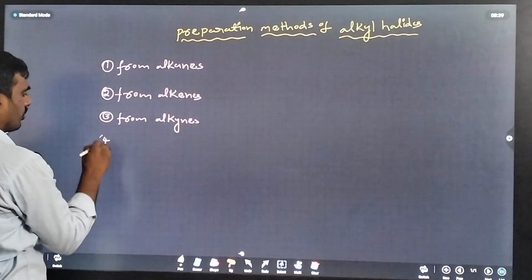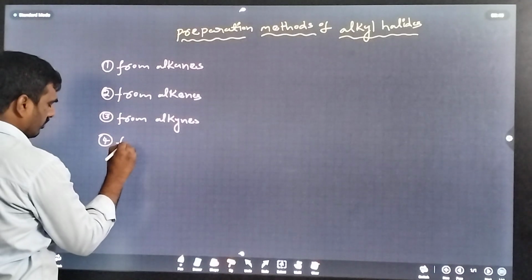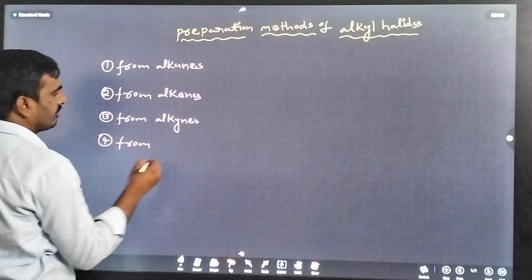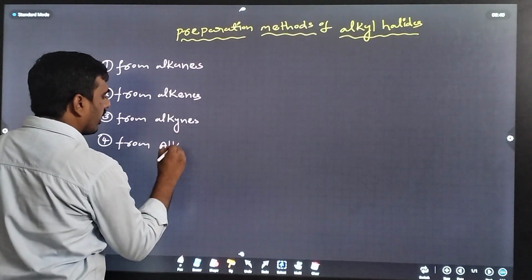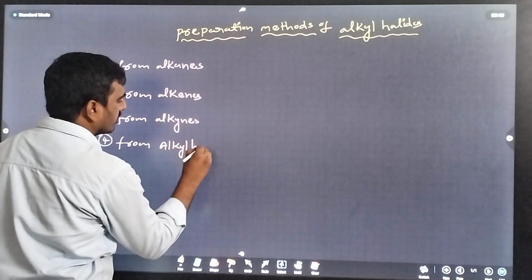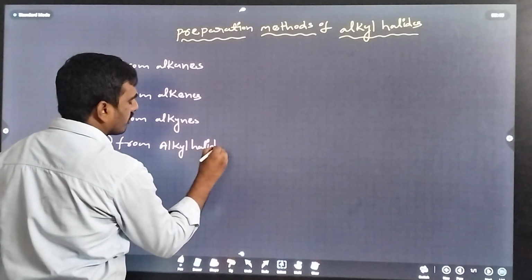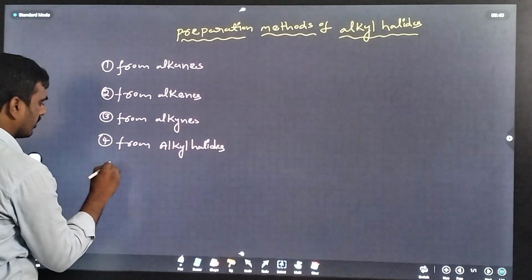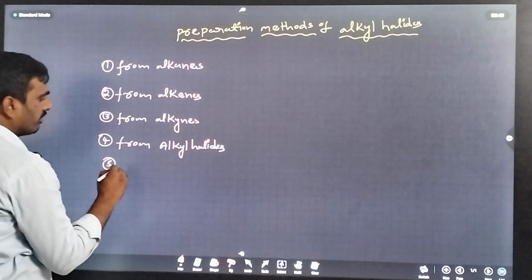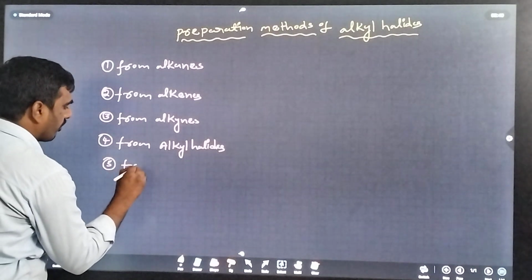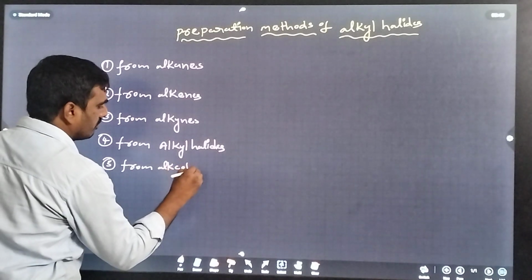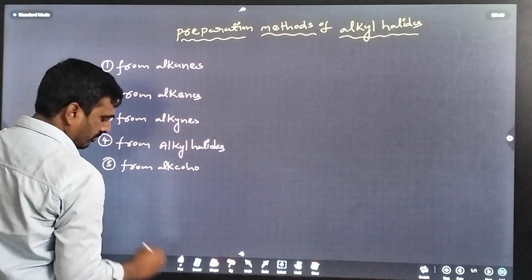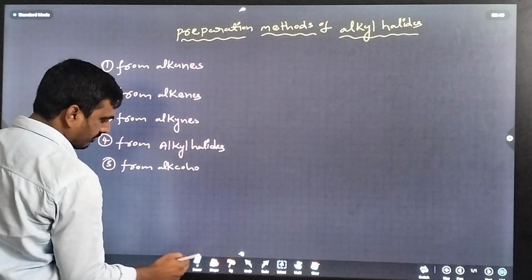The fourth one is from alkyl halides. Then the fifth one is from alcohols.